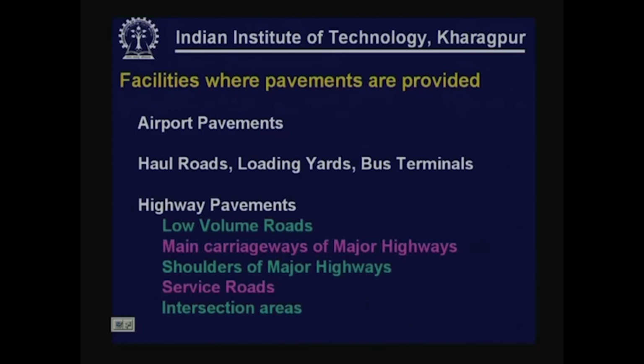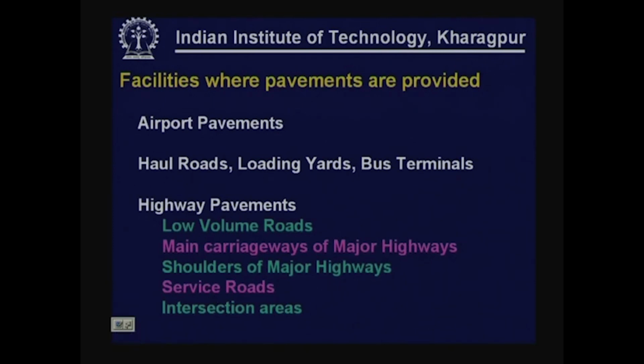We can clearly see that all these are different situations. The loading that comes there is different. The loading that you get in terms of an airport payment is different from the loading that you get on a service road. Similarly, the axle configuration is different, the loading times are different.